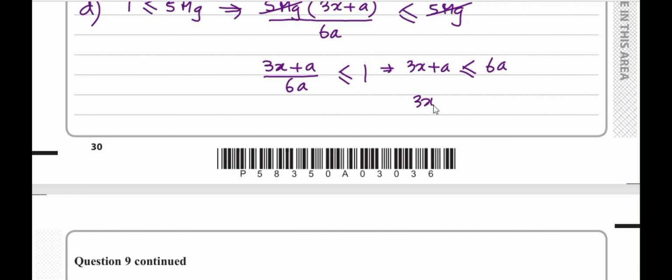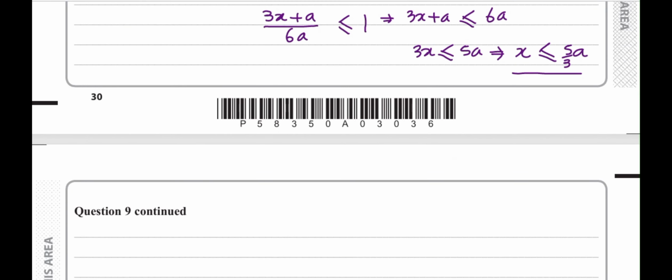Hence 3x should be less than or equal to 5a, which leads to x less than or equal to 5/3 a. This actually means the rope should not break, means P should be within a distance of 5/3 a from point A. So let's write that.